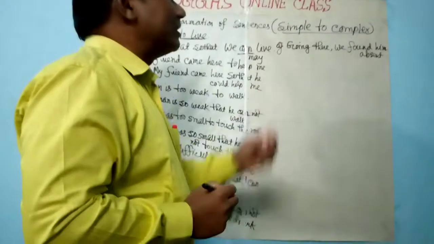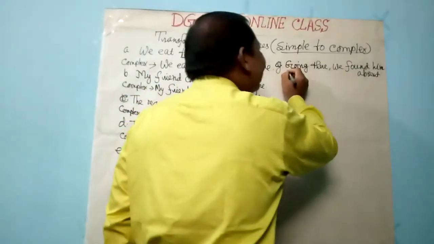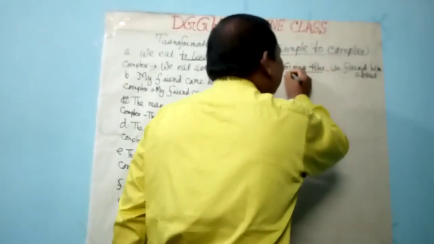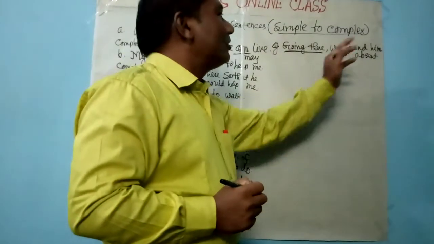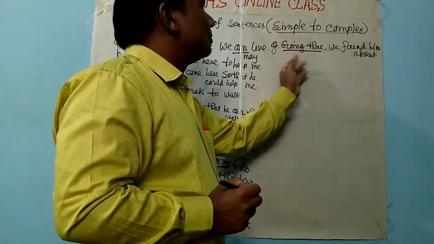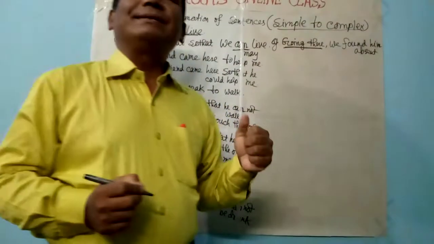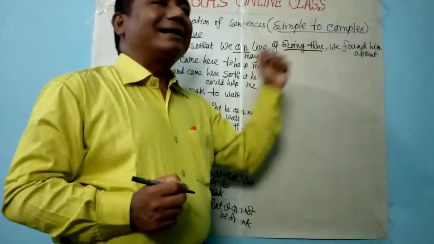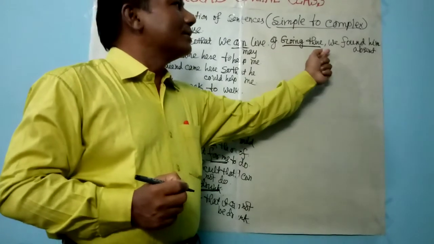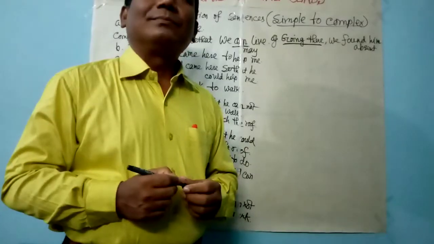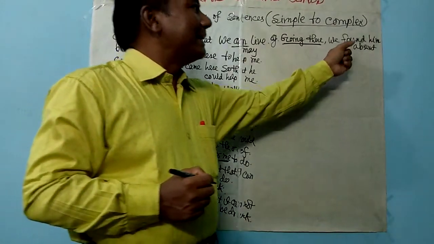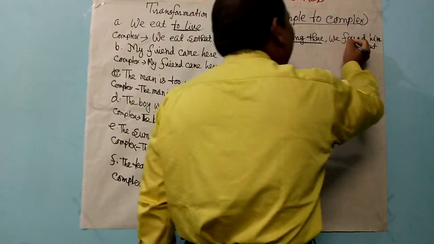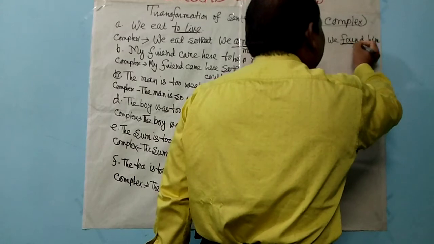Here you see this is present participle. We found him absent, but through this present participle, what do we mean here? Here we mean time, because we found him absent when we went there. So here the main clause of the sentence is mainly in past form.